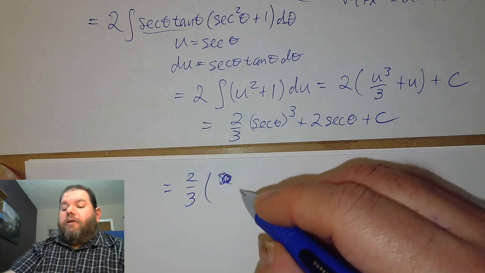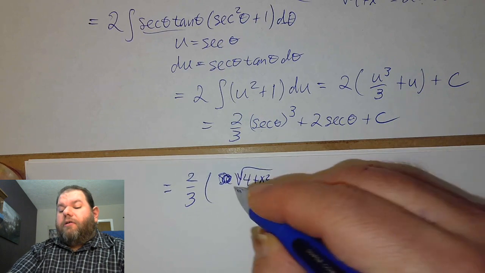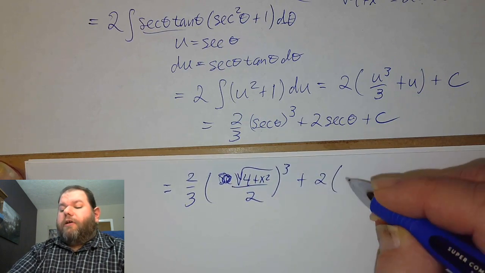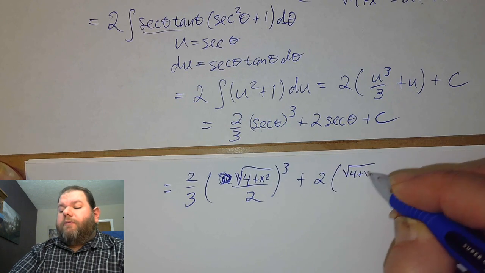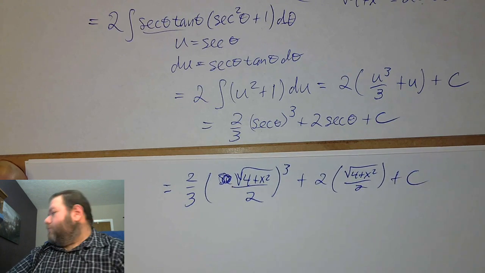So we have the square root of 4 plus x squared over 2, and that is being cubed, plus 2 times the square root of 4 plus x squared, over 2.